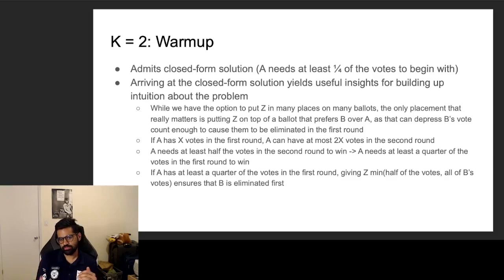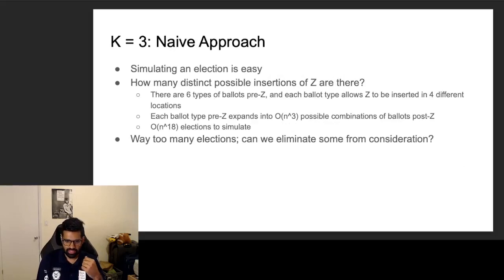I went through all of those observations because they'll be helpful for K equals 3. Like I said, simulating can be done in, well, I guess it's K factorial time, but not very much time relative to the number of ballots. We can say constant because K is bounded by 3. However, the number of ways to introduce Z into each ballot has now grown a lot.